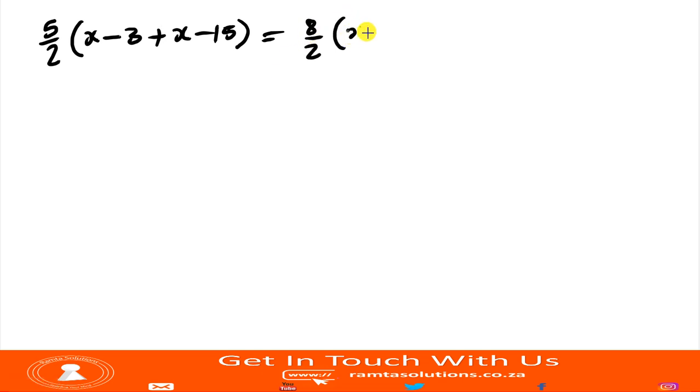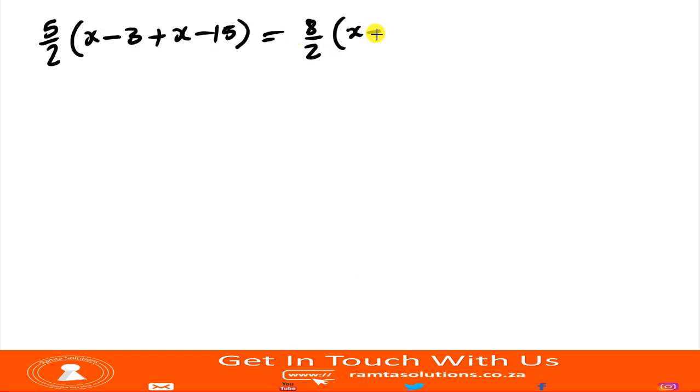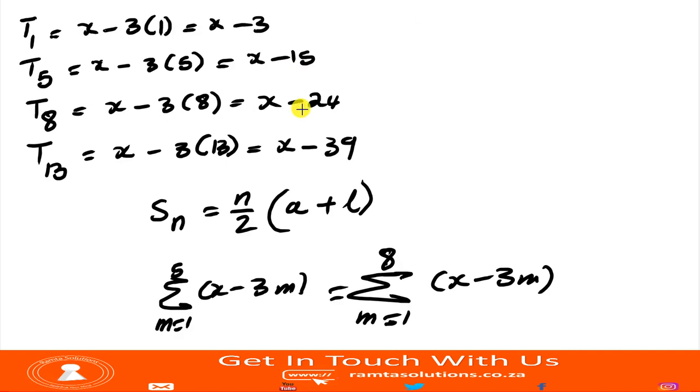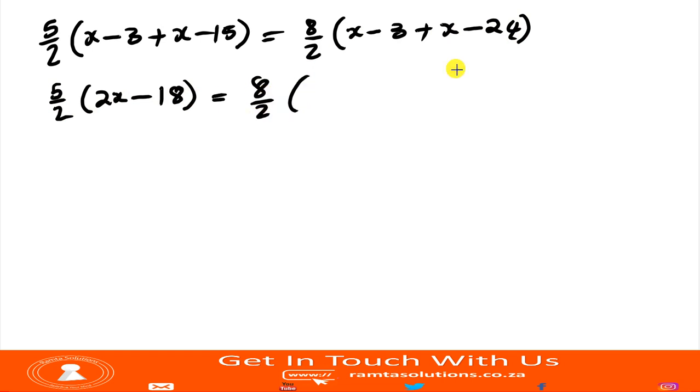The first term was x minus 3, plus the last term, which is the 8th, x minus 24. Simplifying what's inside the bracket, on the left we have 2x minus 18. Again, 8 over 2, simplifying what's inside the bracket, we have 2x minus 27.